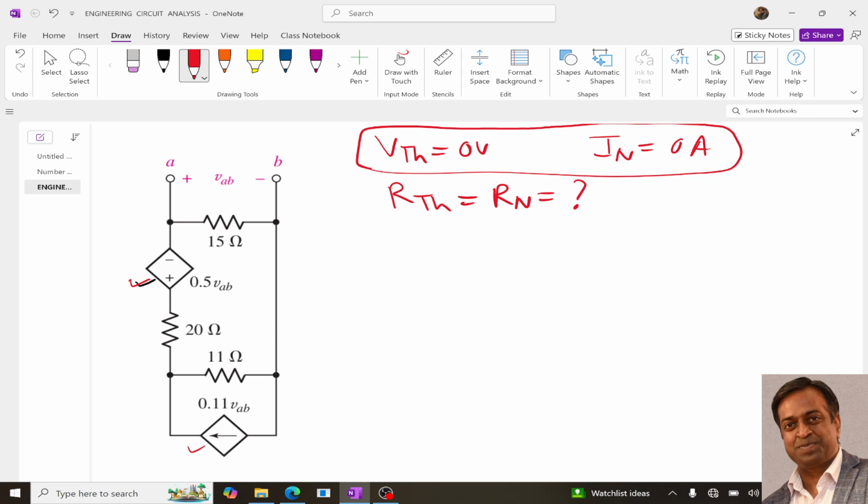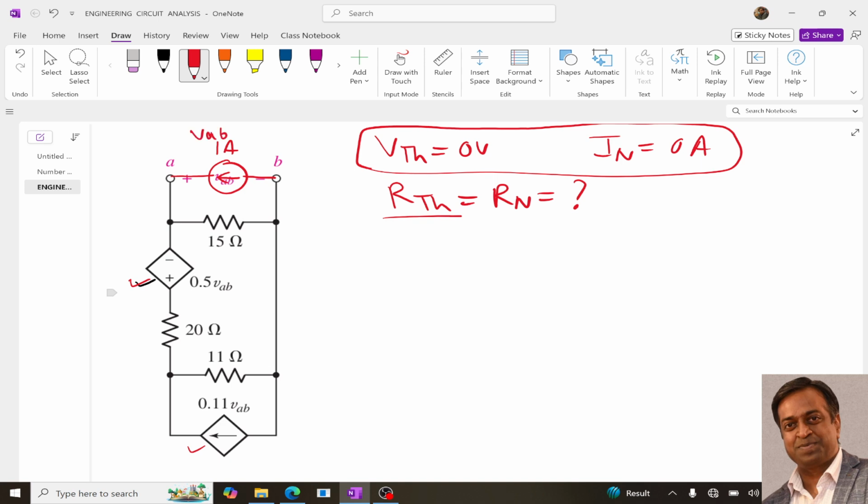Because in this circuit we do not have any independent sources, in such cases we need to get the value of RTH by placing a 1 ampere current source across terminals A and B, right? So if I place this 1 ampere current source across A and B, I will determine this voltage, which is VAB.